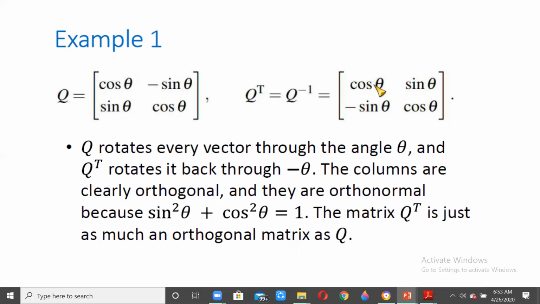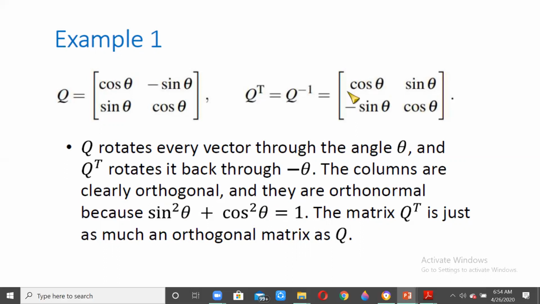And if you take the determinant of this, we are going to get a value equal to 1. So Q rotates every vector through the angle theta, and Q transpose rotates it back through minus theta. The columns are clearly orthogonal, and they are orthonormal because sin square theta plus cos square theta is equal to 1.